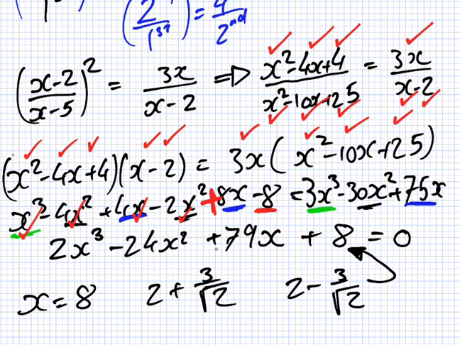So that here should have been minus 42. Okay, now let's see if 8 works. 2 times 8 cubed minus 42 times 8 squared plus 79 times 8 plus 8 is worse.